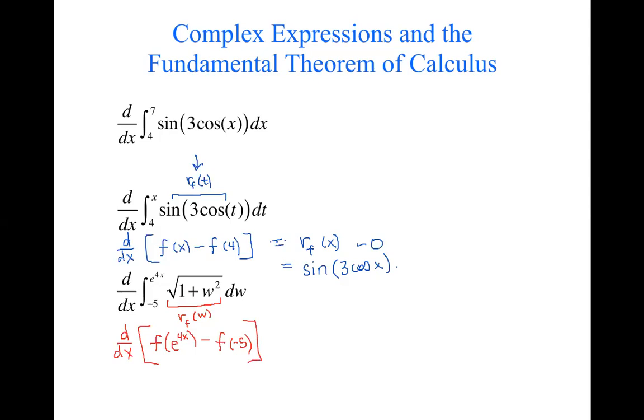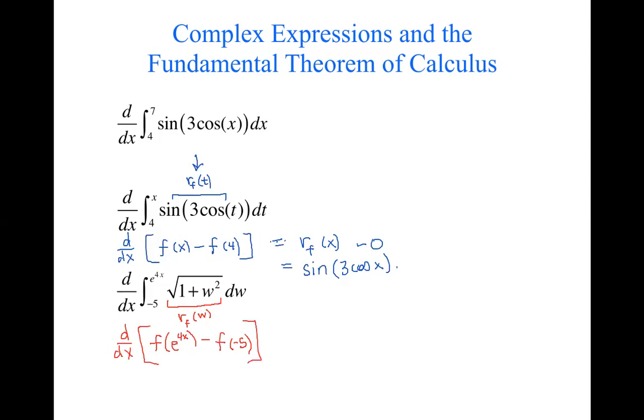So just like before, derivative of something that's a number, that's 0. Derivative of f of e to the 4x. Now the derivative of f of x would be r sub f of x, or something like this.